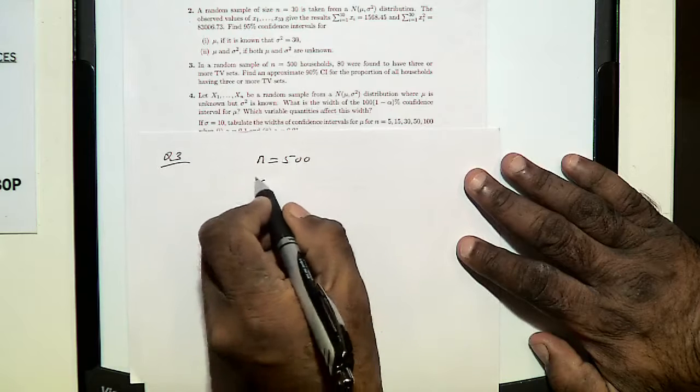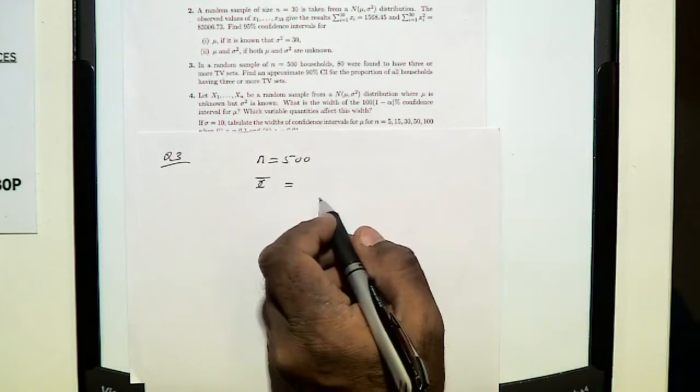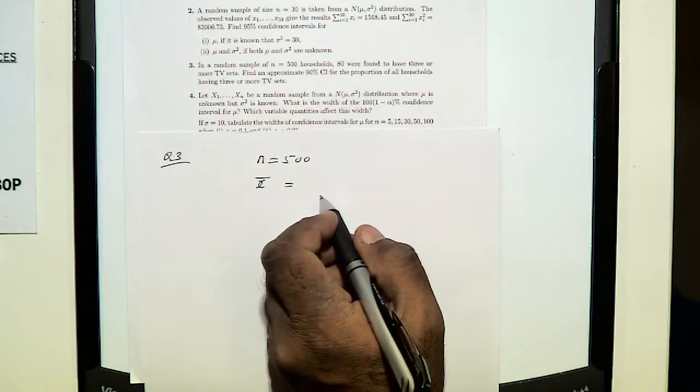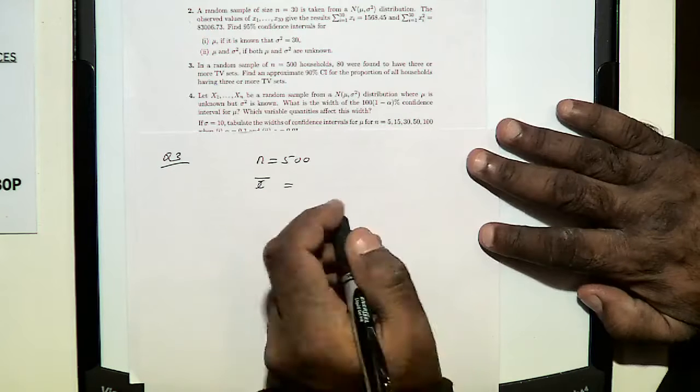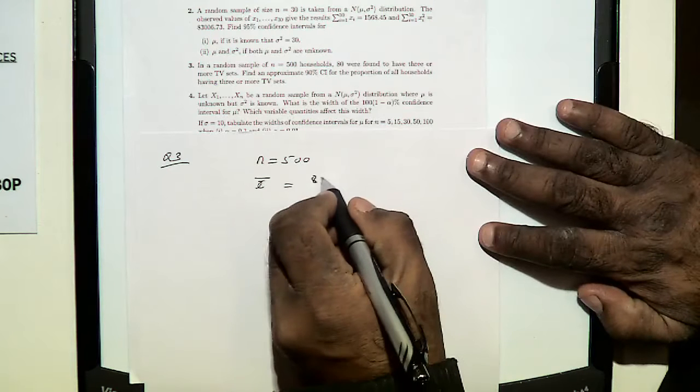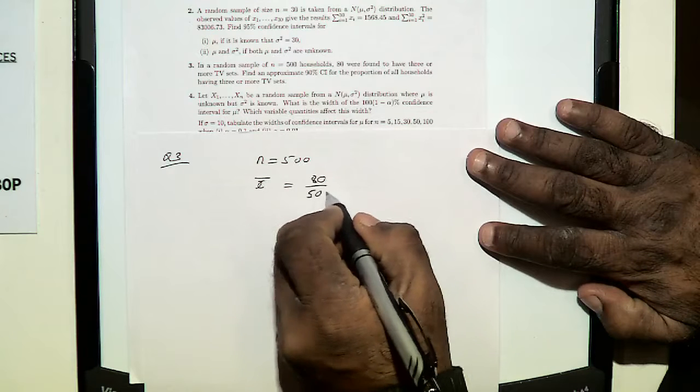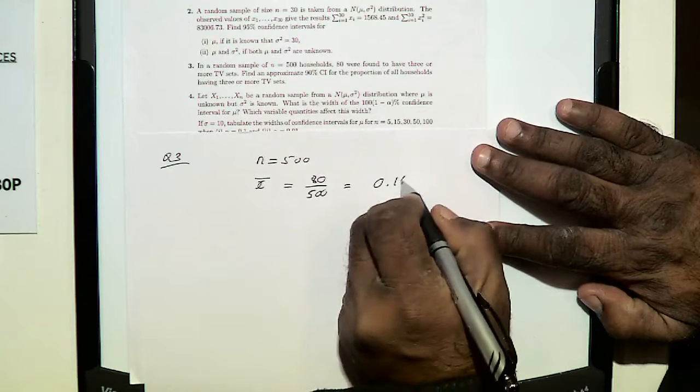X bar denotes the sample proportion. X bar usually denotes the sample mean, but for questions on proportions, X bar denotes the sample proportion. So in this case, what's the proportion of people that have 3 or more televisions? Which is 80 out of 500, which is 0.16.